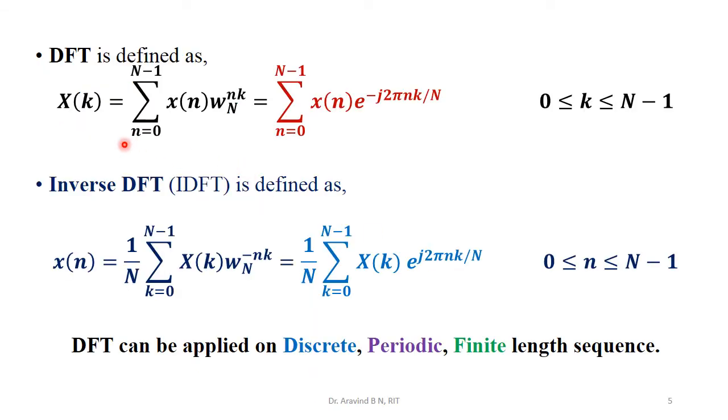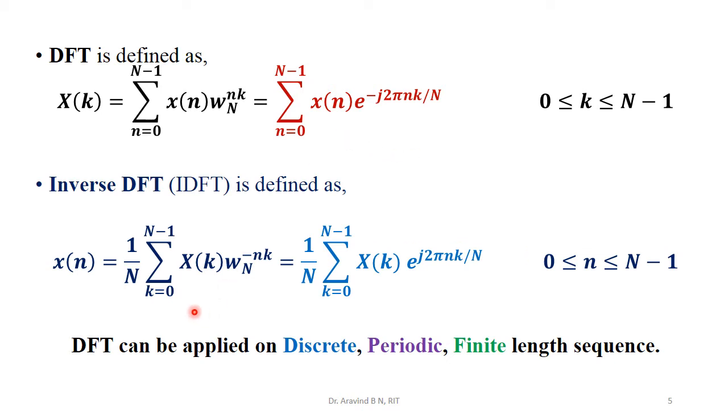Now let us revisit the definitions of the DFT and the IDFT. This is the DFT we have used till now. In some contexts, instead of representing the Twiddle factor, they make the representation directly with the exponential. Either you write the DFT formula like this or like this, both are correct.